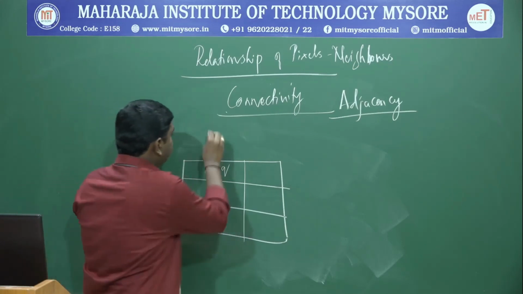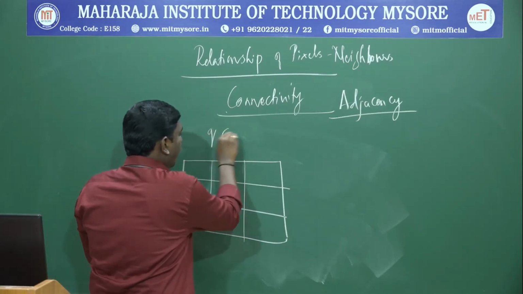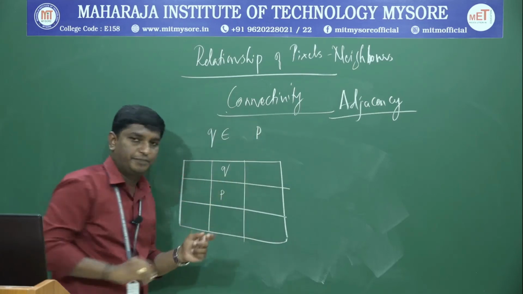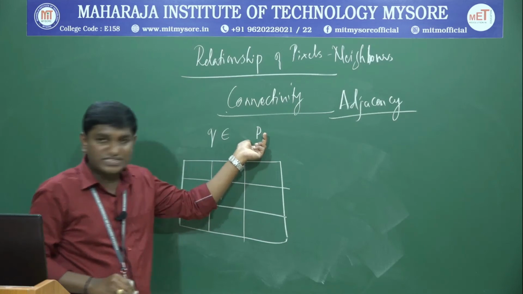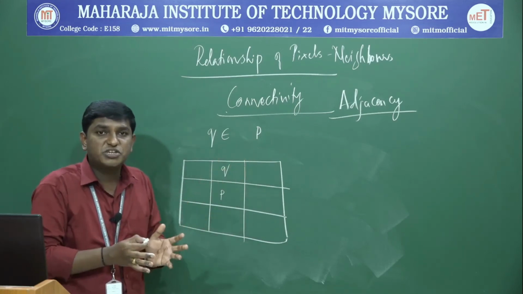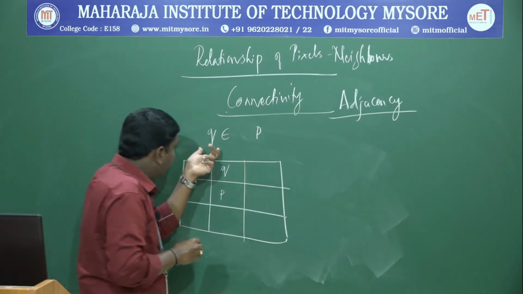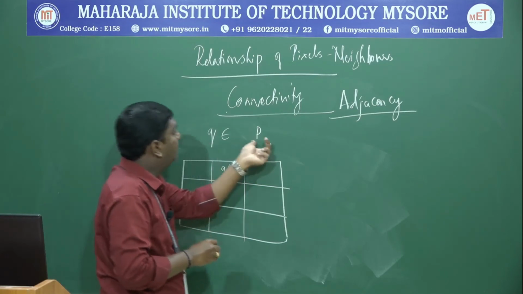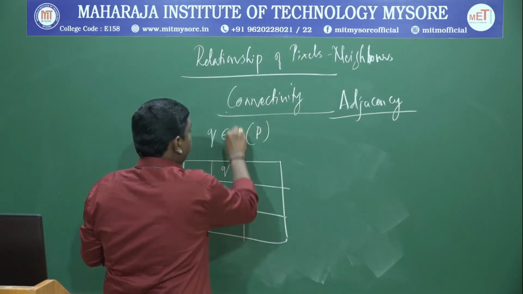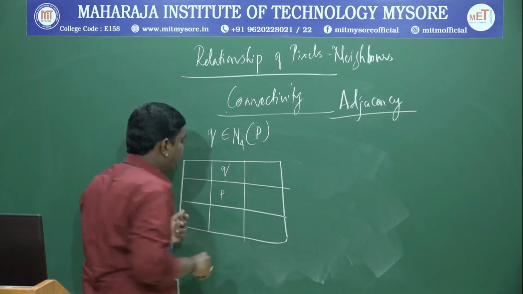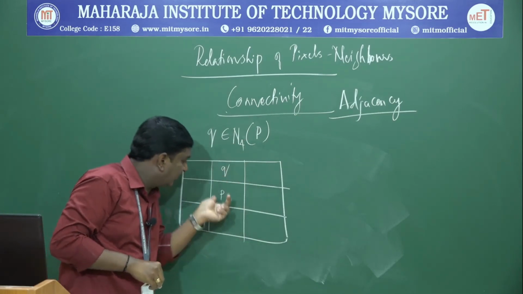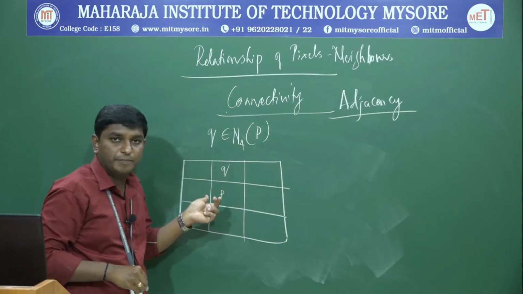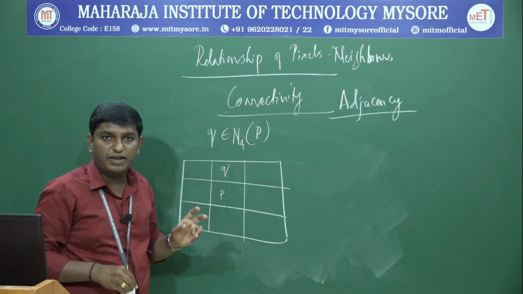We tell that this pixel Q belongs to pixel P. How is this pixel Q belonging to pixel P? What is the neighbor relationship they have? The neighbor relationship between pixel Q and pixel P is N4, because this pixel Q is a vertical neighbor of P. One possibility.